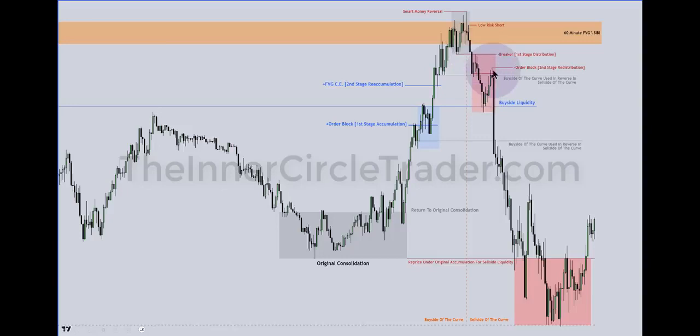So where would the second stage distribution or redistribution be? In other words, instead of saying this one is your second stage redistribution, which means it's going to be the highest degree of speed, magnitude, and impulsiveness to go lower quicker, if it's not this one, and you've classified that as your first stage distribution, and you're surprised with a sudden drop, you're going to be standing there like a deer in headlights thinking, what am I supposed to do?